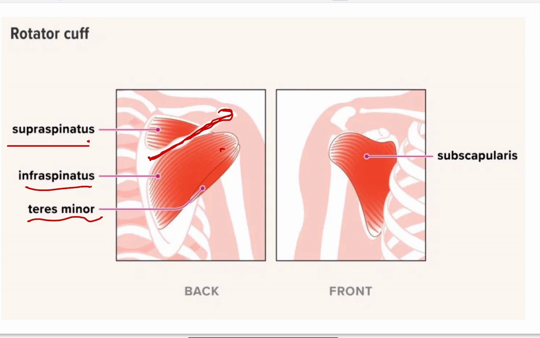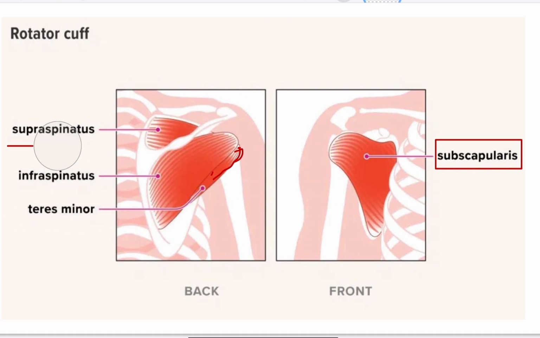So supraspinatus, infraspinatus, and teres minor are behind, and anteriorly is the subscapularis. These four important muscles form the rotator cuff, a fibrous structure which covers all sides of the shoulder joint.